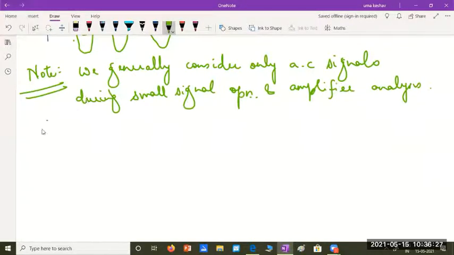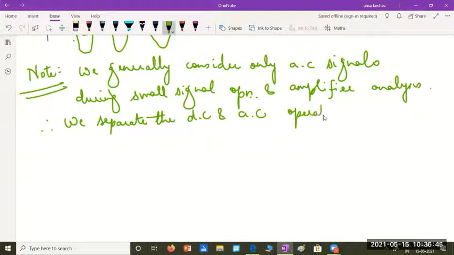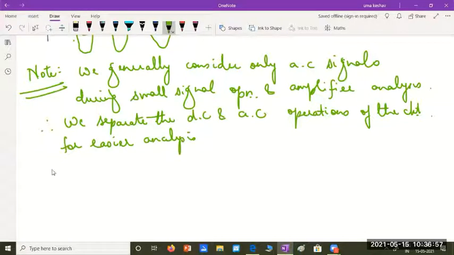Okay. Therefore, we separate the DC and AC operations of the circuit for easier analysis. So I'll do DC analysis first.